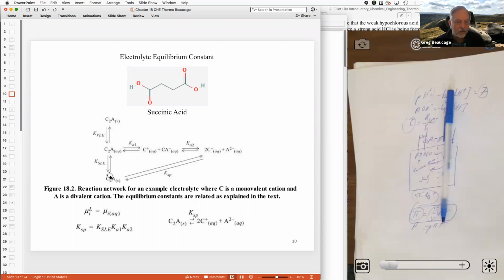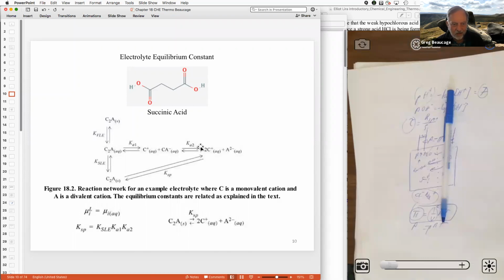the balance between the solid and the vapor occurs with this aqueous form, and then the speciations happen separately. So if you want to talk about the balance with the solid, you have to go through these other Ks. So K speciation is going to be KSLE times Ka1 times Ka2, so the equilibrium constants multiply.